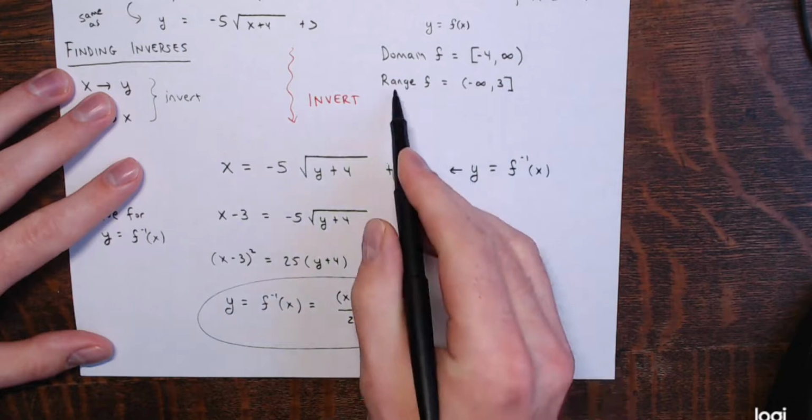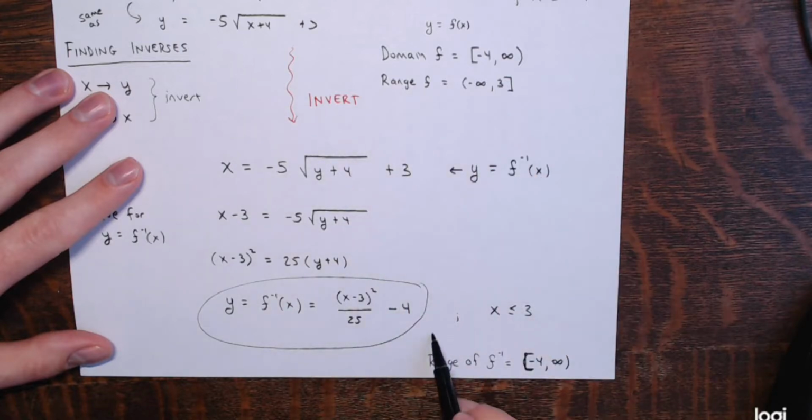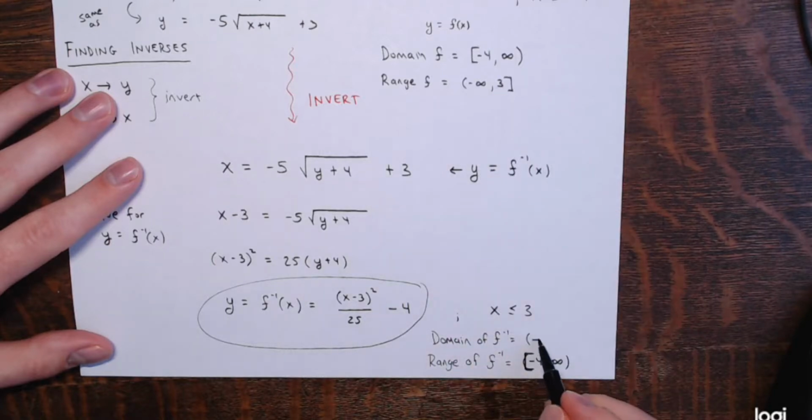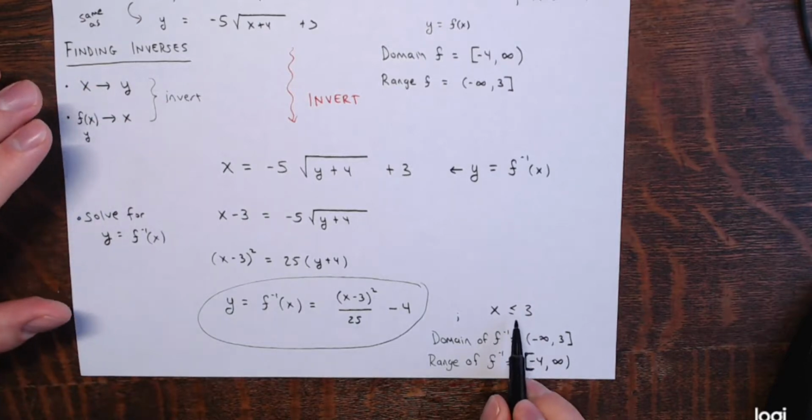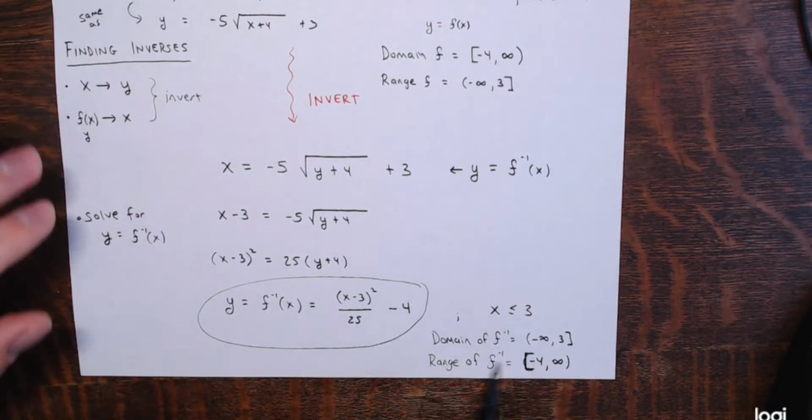And then the range of f becomes the domain of f inverse. So the domain of f inverse needs to be, and that's why they already stated this for us, all the values less than or equal to 3, from negative infinity up to 3. And I'll make sure to put this restriction in the Desmos site.